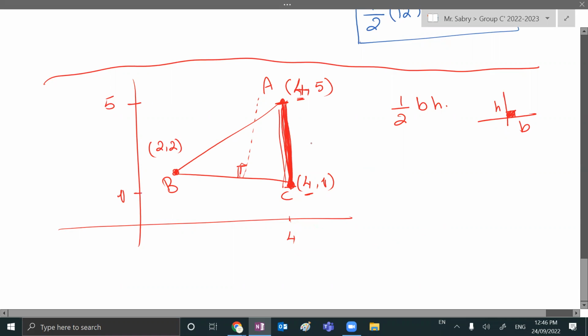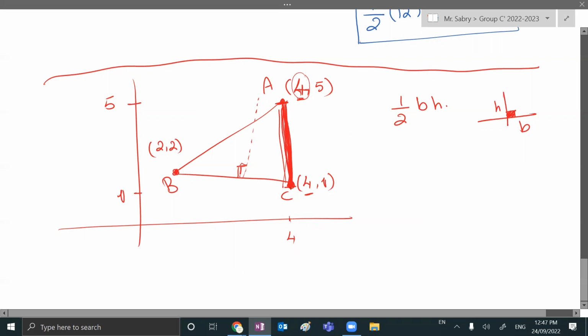Because they're on the same line. How did you get 4 exactly? It's on the line. 5 minus 1. Because it's on the same vertical line. That's what you're trying to say, right? Yes, right.